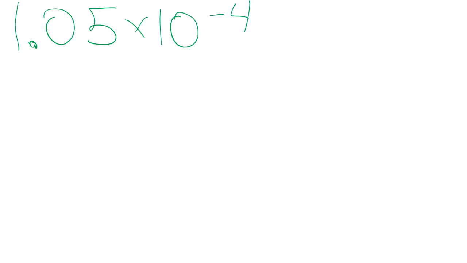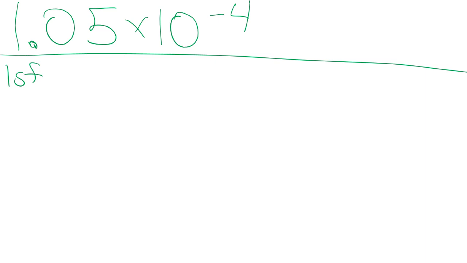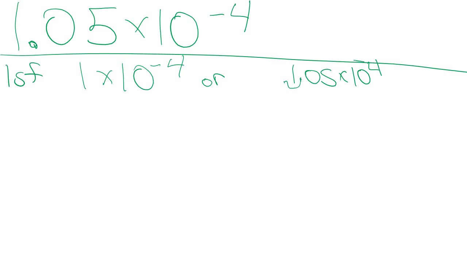Now, if you're asked to round that to 1 sig fig, it would be 1 times 10 to the negative fourth, or, so if we have 1.05 times 10 to the negative fourth, I'm going to make this number smaller to make the exponent bigger. 1, 2, 3, 4.